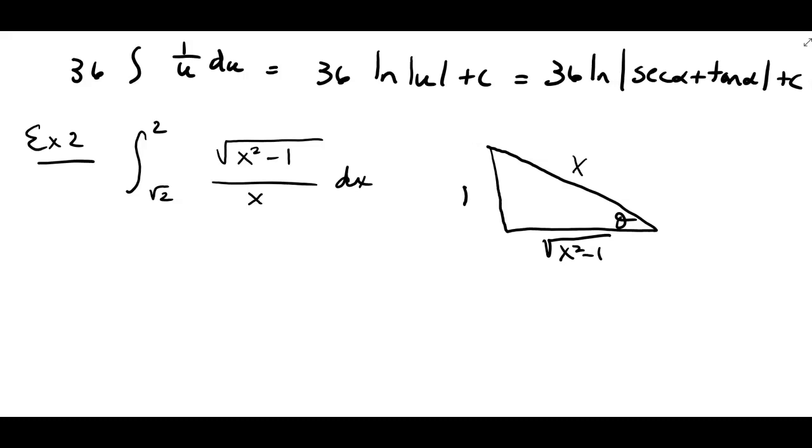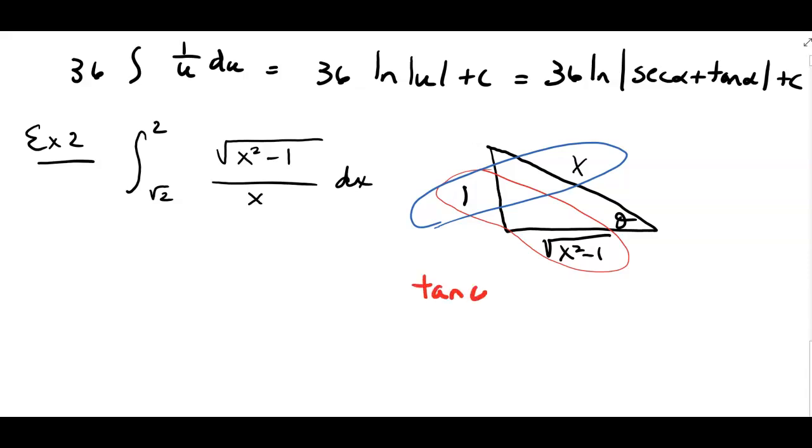Draw your pairings. The pairings must come because the trig ratios must come from the constant. So there's one pairing, and here's another pairing. So what are the two trig functions I'm going to write related to those pairings? If I go for my theta, I would have tan for the red one: tan theta equals the square root of x squared minus 1 over 1.